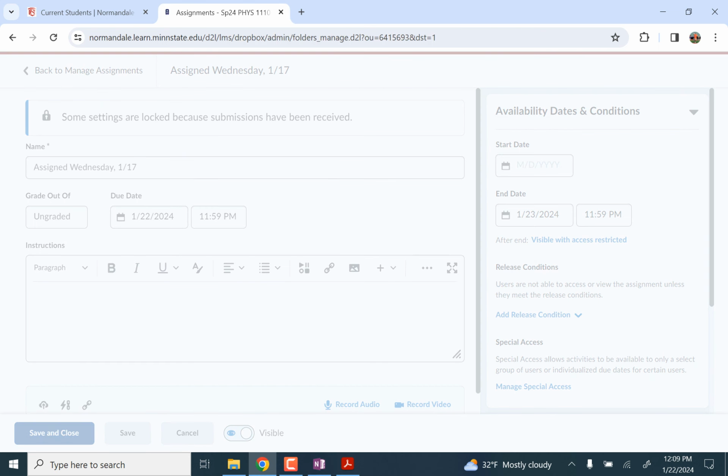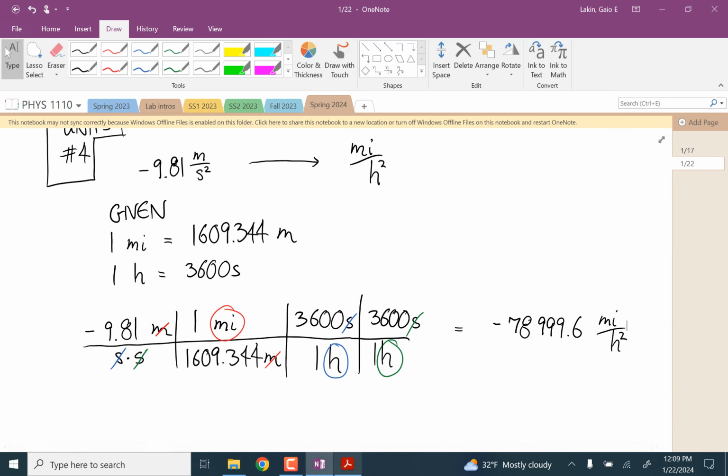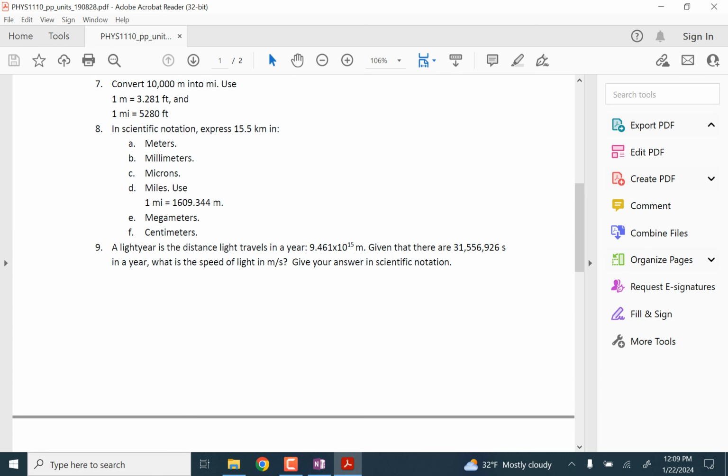Okay, any other homework questions? Yes. Can you go over 8B? Sure. Okay, 15.5 kilometers to millimeters.